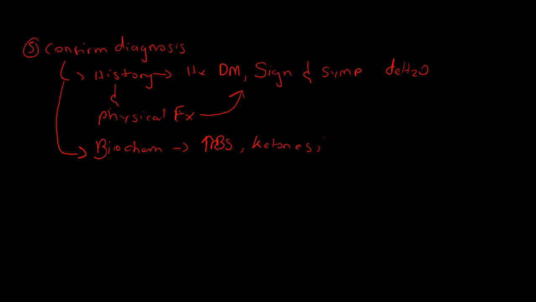When you check the urine, you're also going to have glycosuria, which is glucose present in the urine. You're also going to have ketonuria. Once you have these things and you're able to prove them, then this patient is a candidate for the diagnosis of DKA.